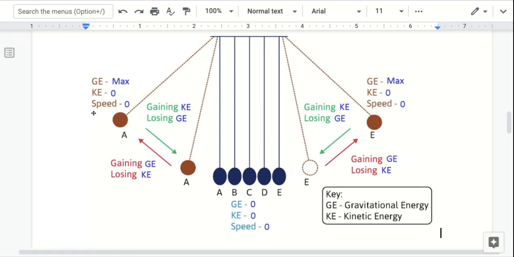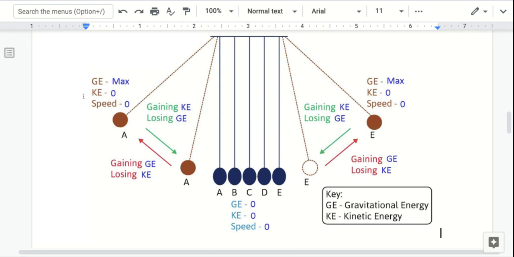But as it transfers from this pulled out spot toward the cradle, as we're following this green arrow as it's coming back to the cradle, ball A is gaining kinetic energy because it's moving and it's losing its gravitational energy. We're going to ignore this red part for right now.